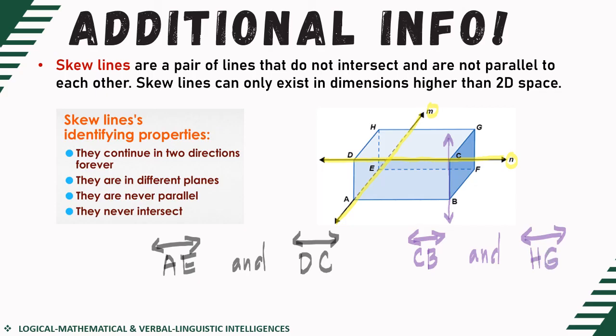These two are considered skew lines as well. They are not parallel, they do not intersect, they are not coplanar, and they are continuous in two directions forever. If I extend segment CB and segment HG, they will never intersect.